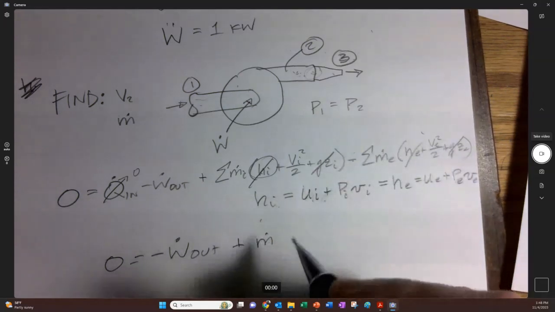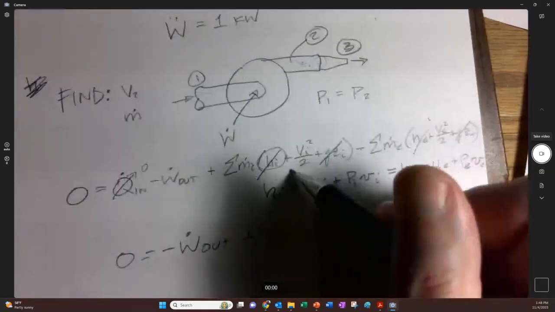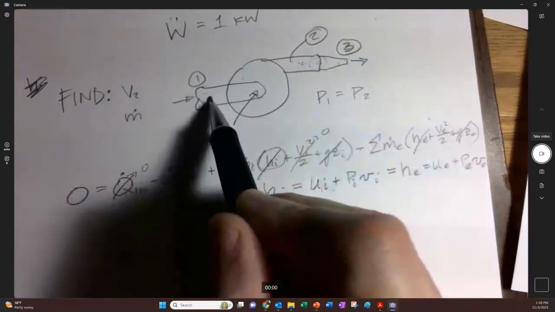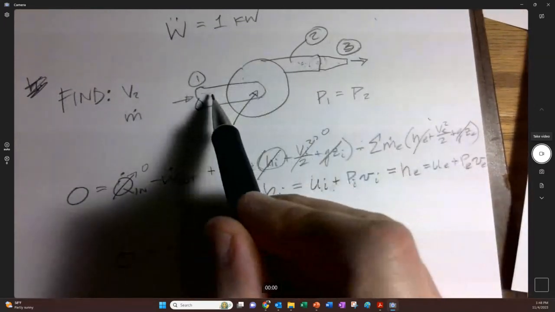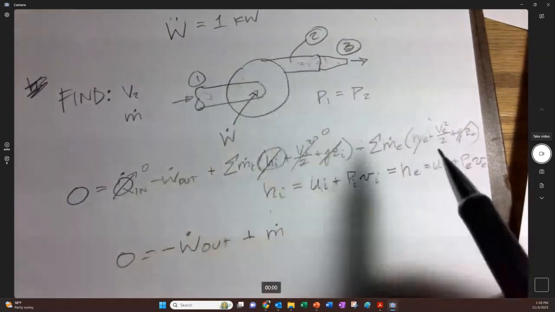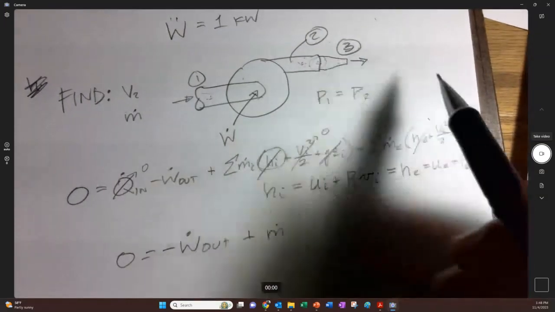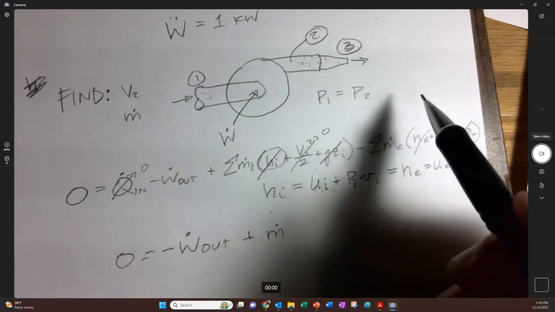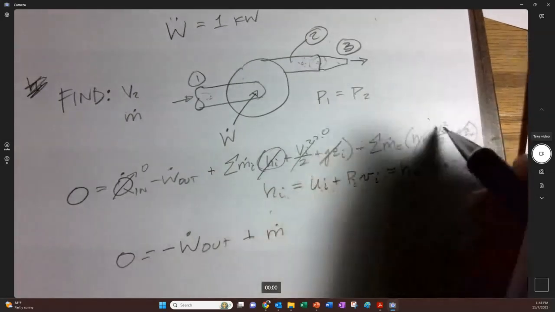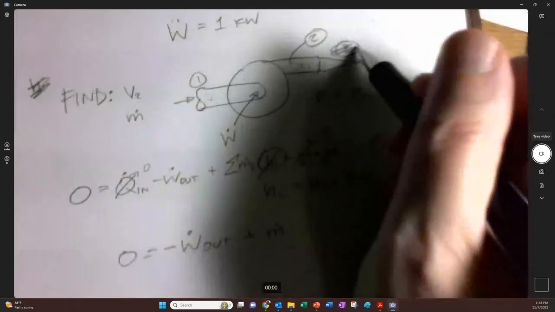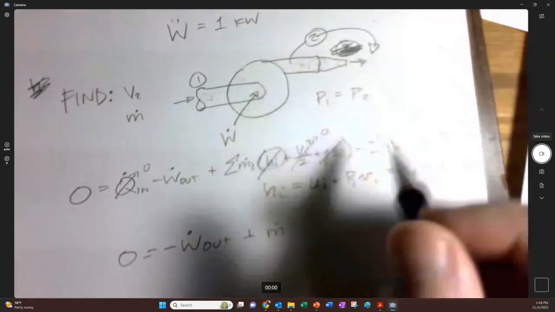Okay, yeah. This guy right here is going to be 0 because they said that these were going to be equal to each other. So it's going to be very small. That's going to be very small. So I'm changing my mind of that, going back to that.